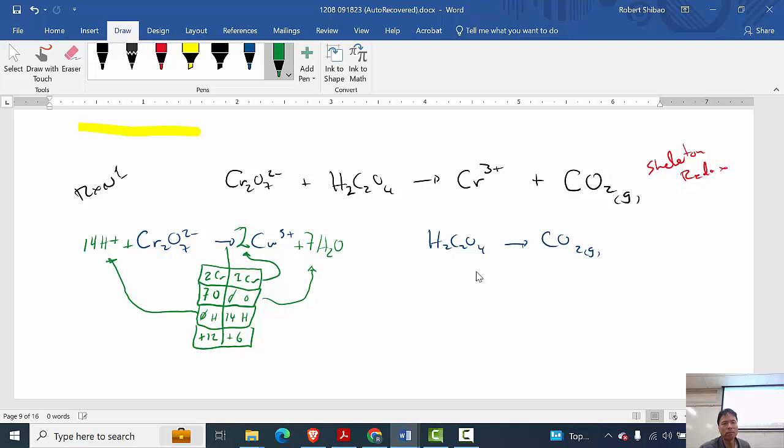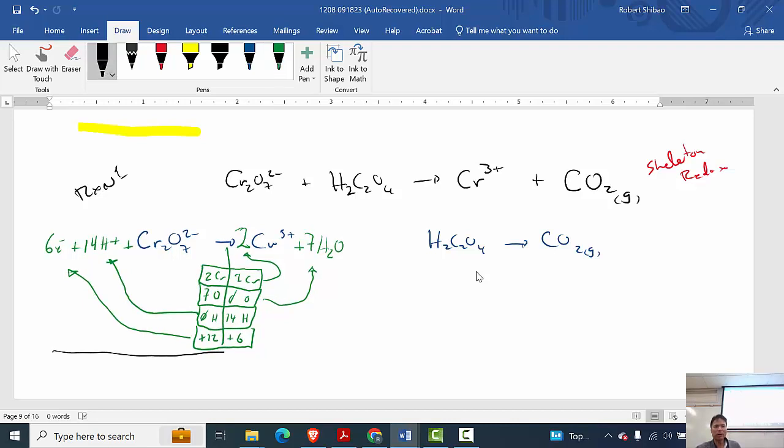Water's neutral. And so what I'm going to do over here is I'm going to go ahead and add 6 electrons. 6 negative charges will cancel out 6 of the positive charges. So I have plus 6 is equal to plus 6. That's what I want. And I'm going to combine everything.